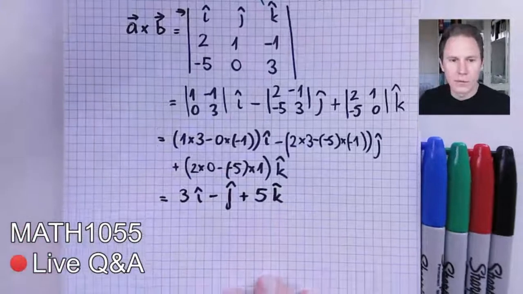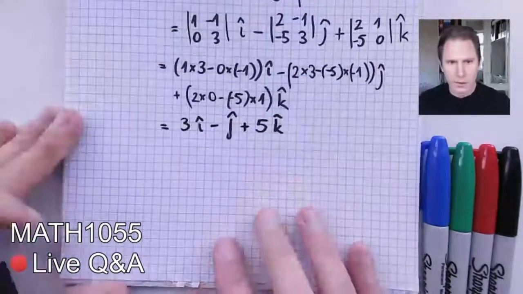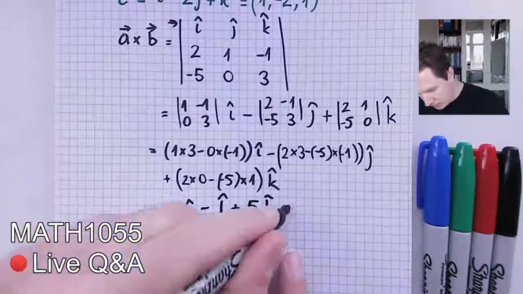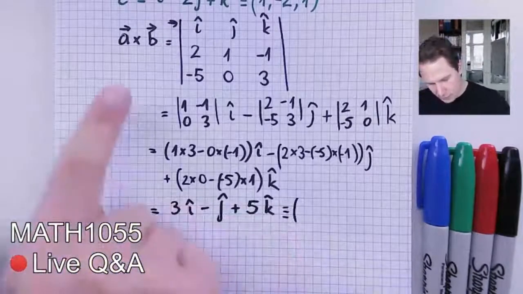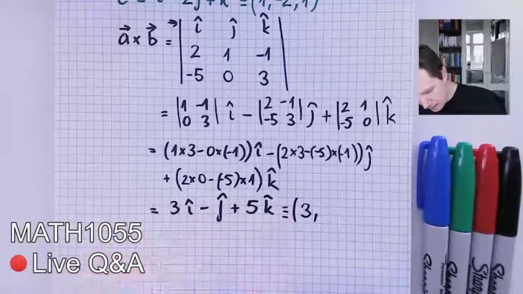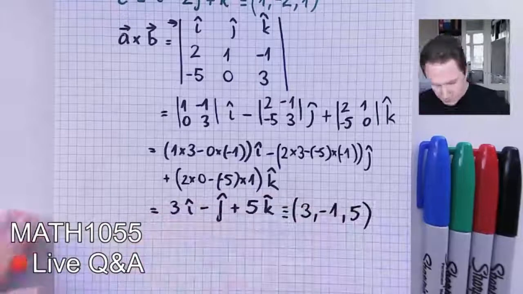Okay, so I hope this was so far so good and easy to follow. So now we have the cross product of A and B. This vector that we get by taking the vector product has coordinates 3, -1, and 5.